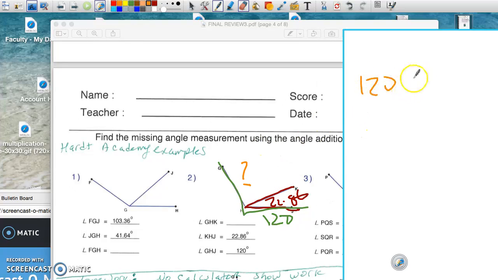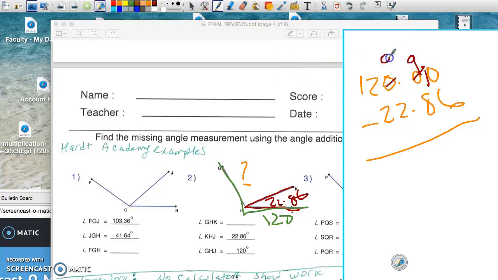So 120, think of it like money because it's a decimal, minus 22.86. There we go.